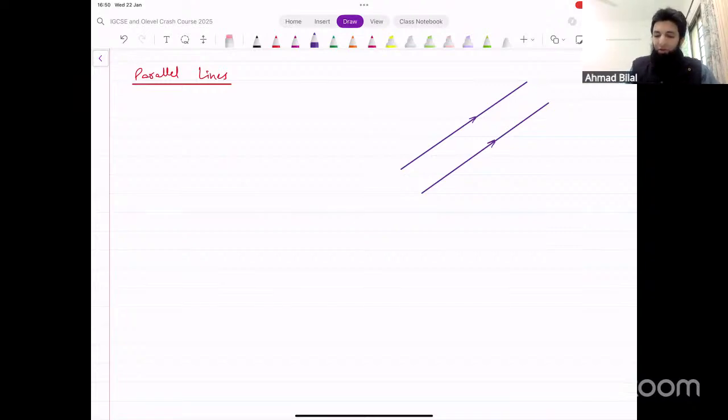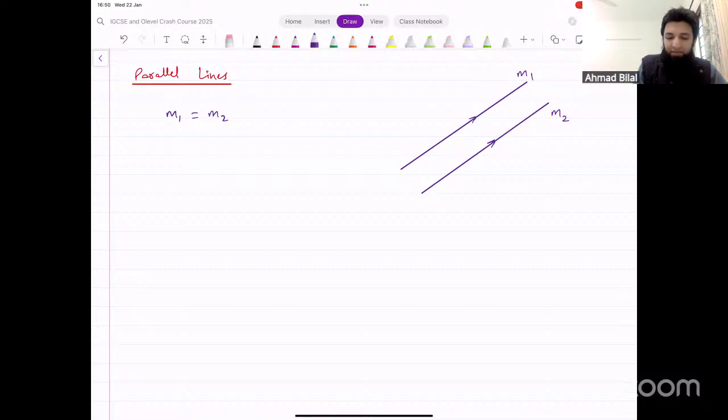Now, parallel lines are lines that have the same direction, right? Let's say the gradient of this first line is m1 and the gradient of the second line is m2. Now, since parallel lines have the same direction and gradient represents the direction of a line in a way, parallel lines have equal gradients.